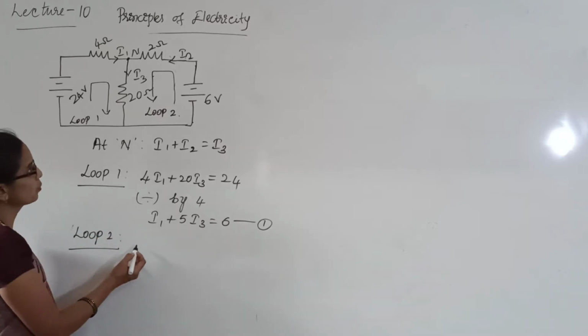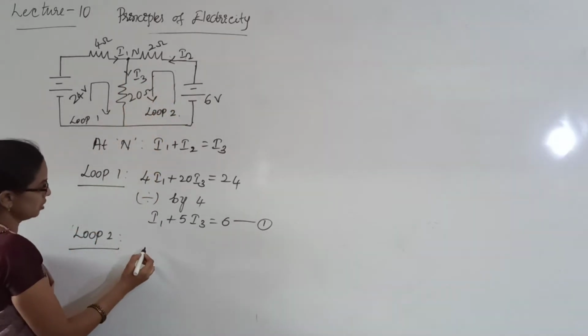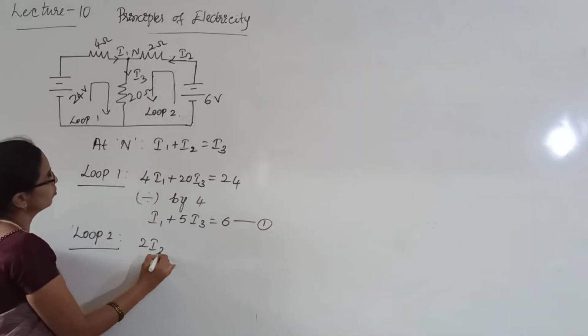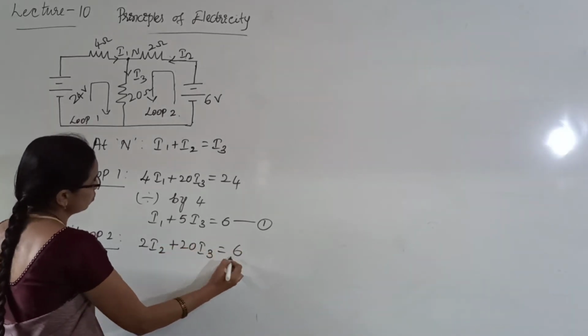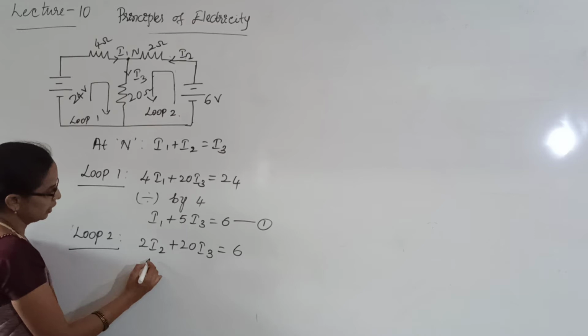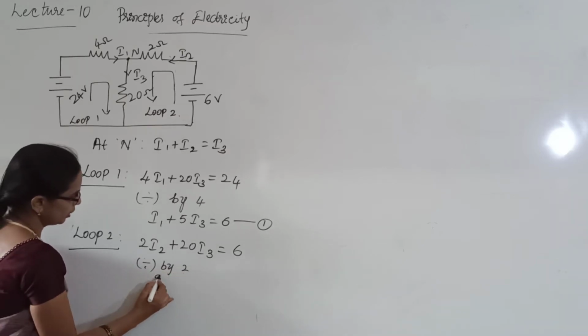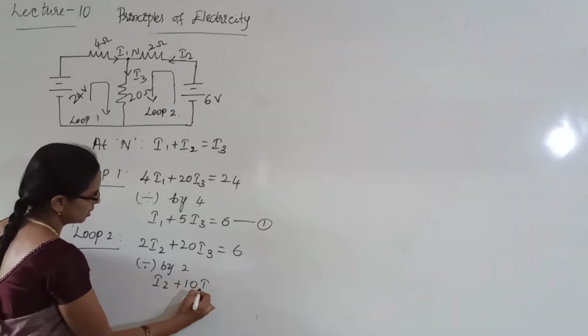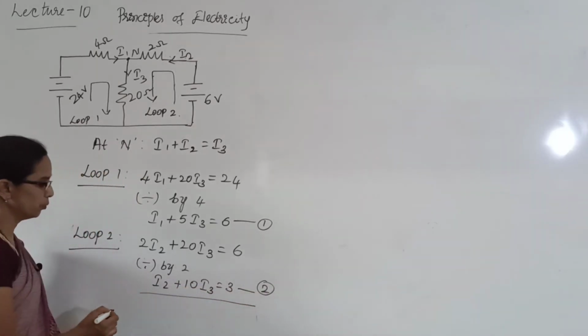What happens? I will move in from this direction. 2I2 plus 20I3 is equal to 6. Divide this equation by 2. I2 plus 10I3 is equal to 3. Call this as equation 2.